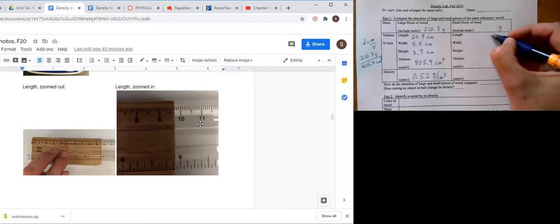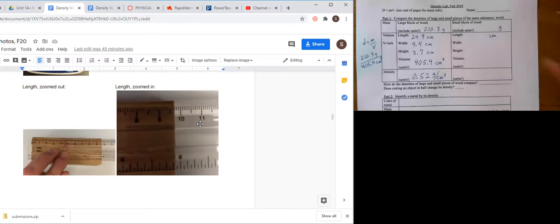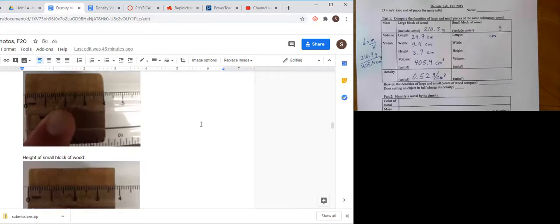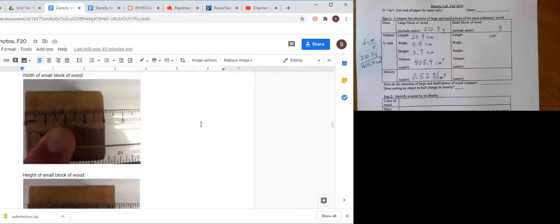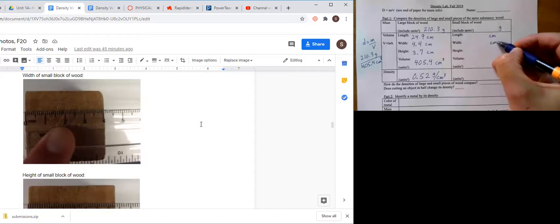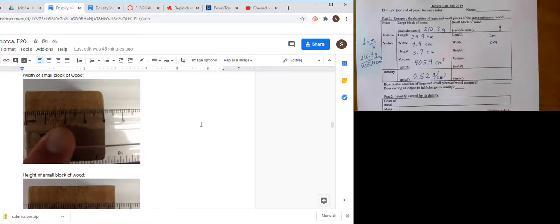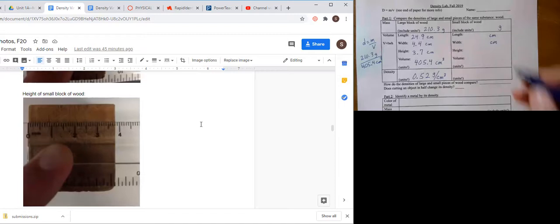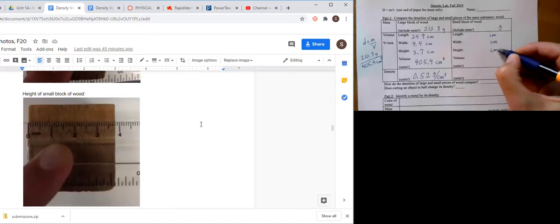Make sure you record that in centimeters. Now find the width of the small block of wood. Record that in centimeters. And finally, find the height of that small block of wood. Once again, in centimeters.